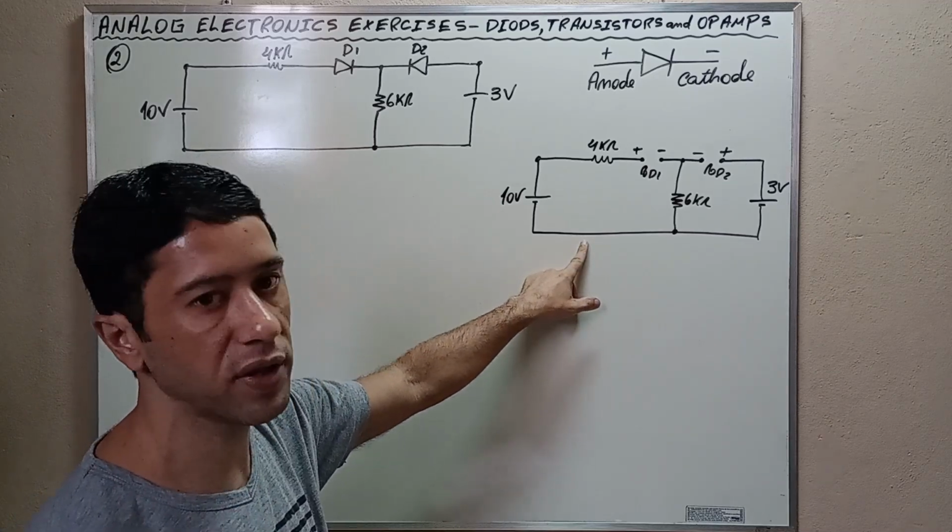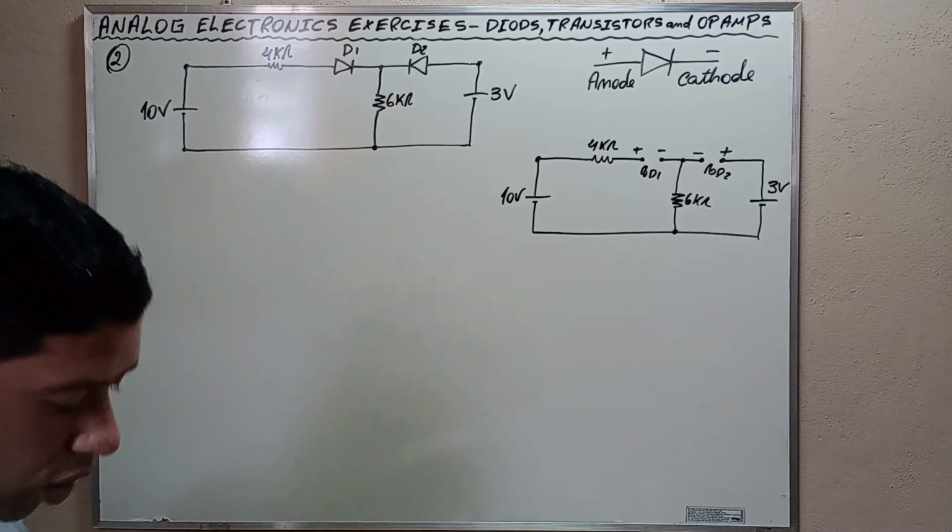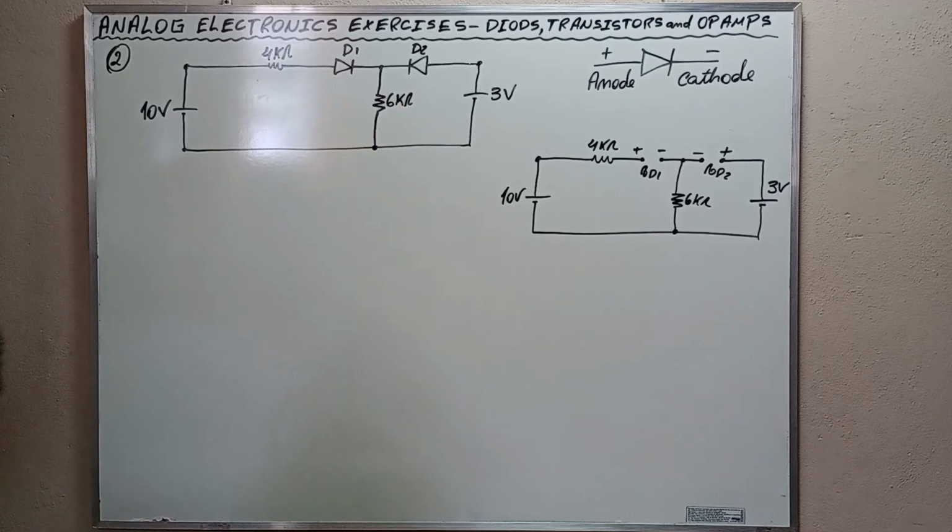This is the equivalent circuit when both D1 and D2 are off. Notice that as both diodes are off, no current flows in any part of the circuit and the voltage across the resistors is zero.